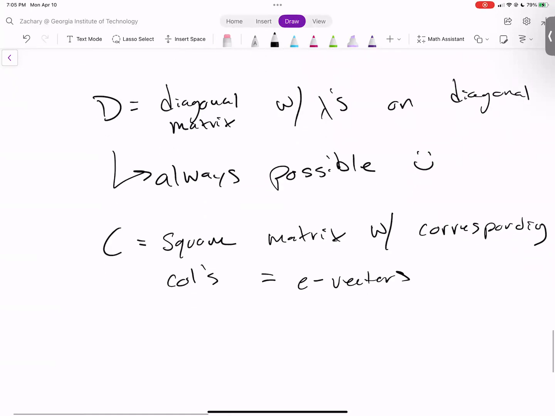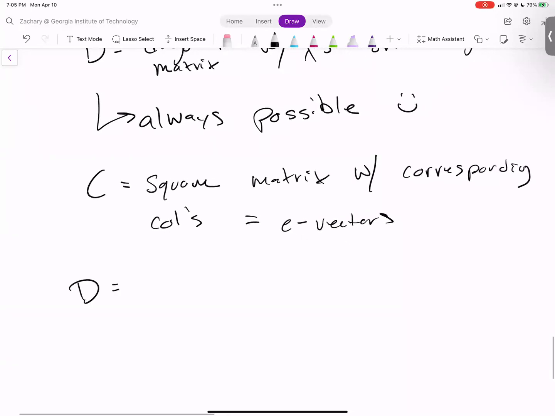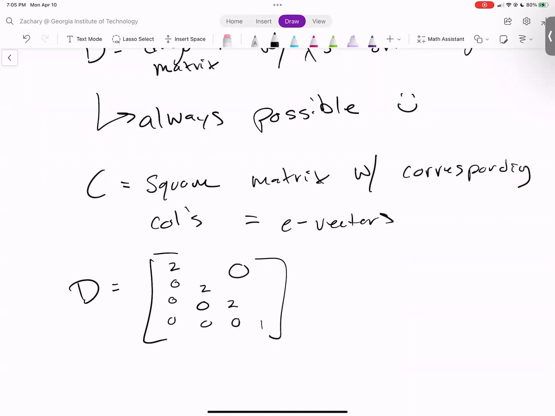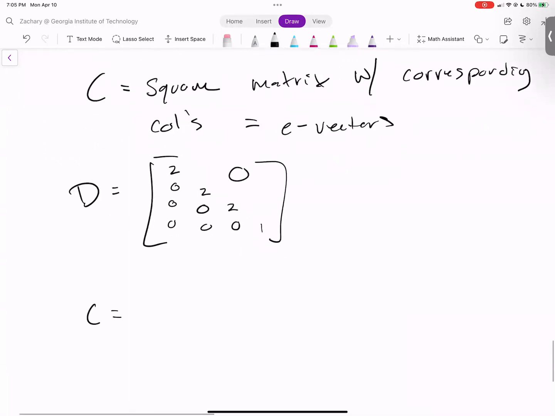So if, like we just said, A was 4 by 4, let's make our D for this matrix. We have 2, 2, 2, 1, with zeros everywhere else. I usually just write a big 0 to save myself some time. And C is going to line up. So we have vector 1, vector 2, vector 3, and vector 4, and these correspond to these eigenvalues.